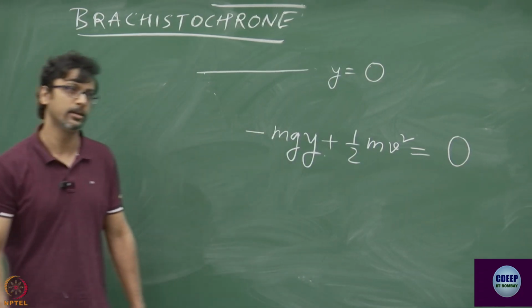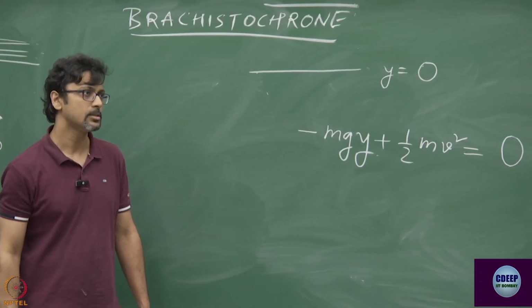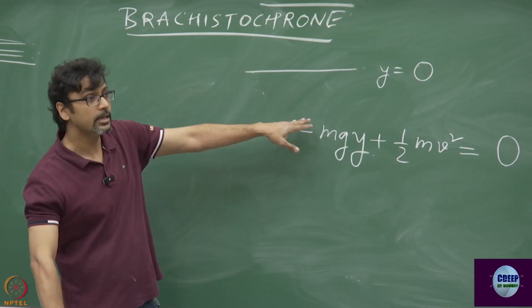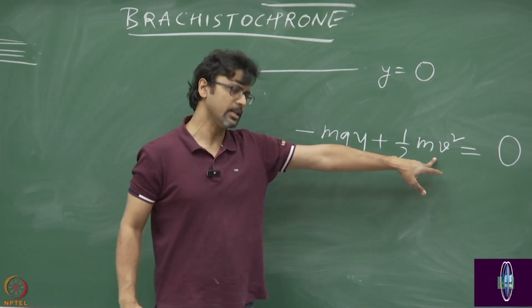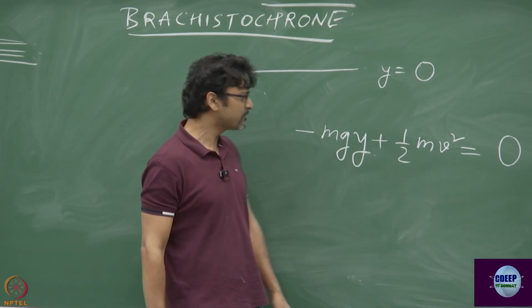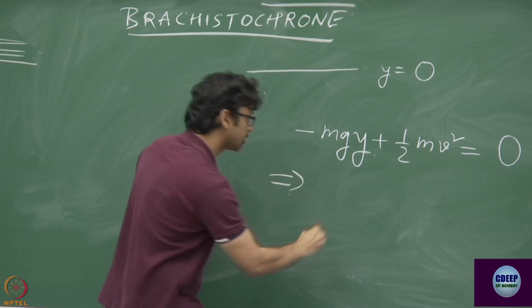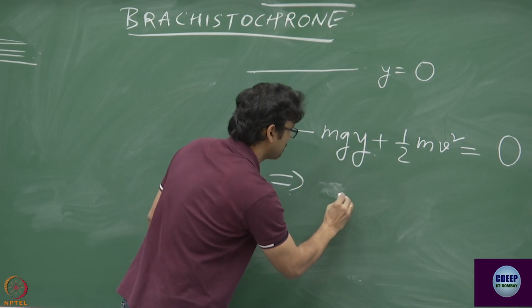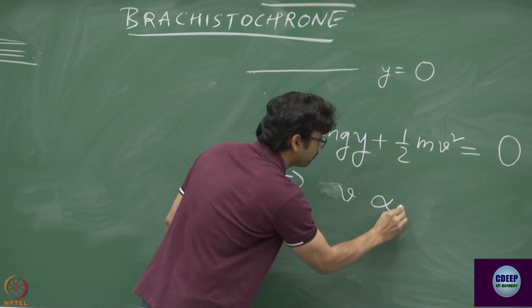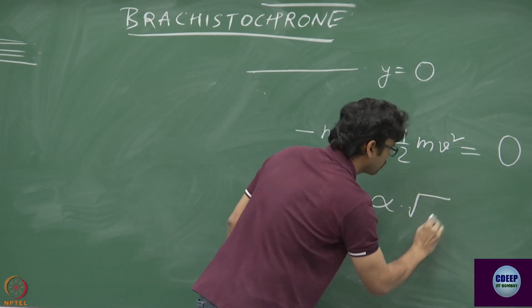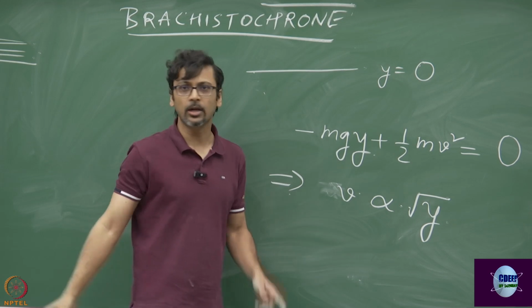That's the conservation of energy. Yes, you start descending, you gain in speed. But that's very interesting, because now this conservation law tells us that this v is actually proportional to the square root of y. So it's not a constant speed scenario.